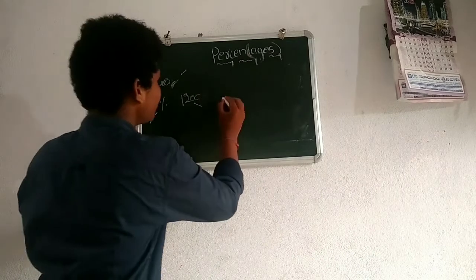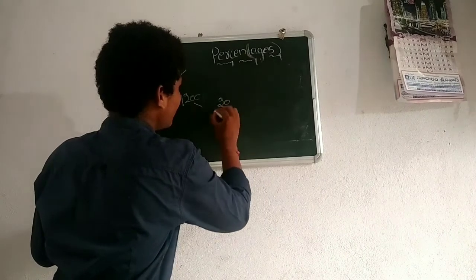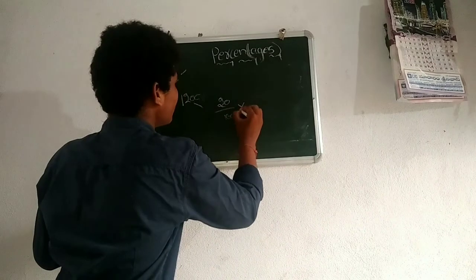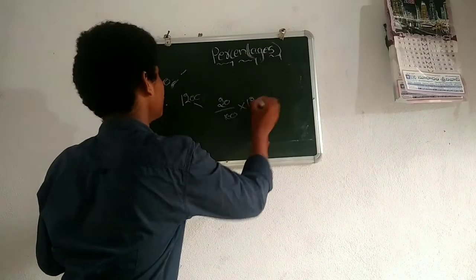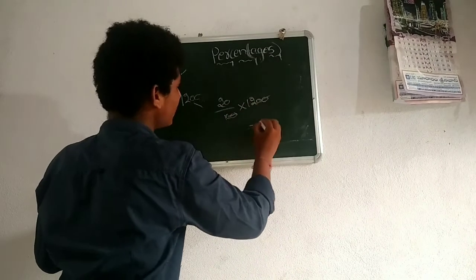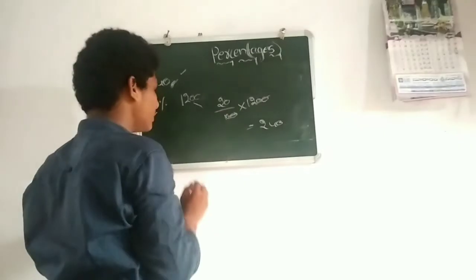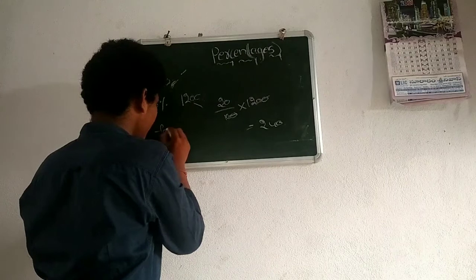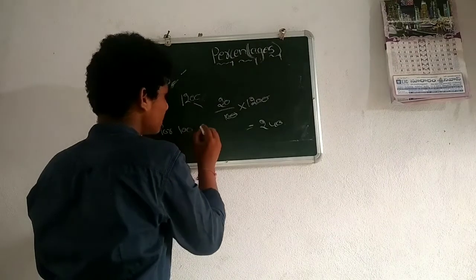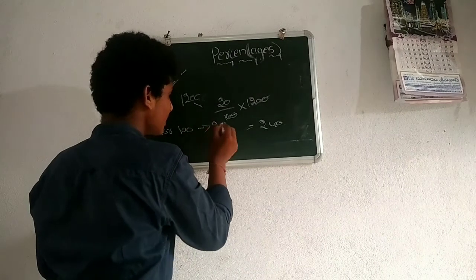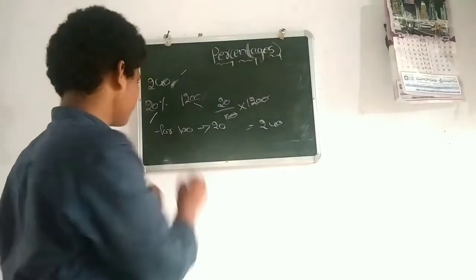For 100 we are given such like 20 by 100 into 1200, two zeros, we got 240. For 100 we have given here 20. For 200, how much?